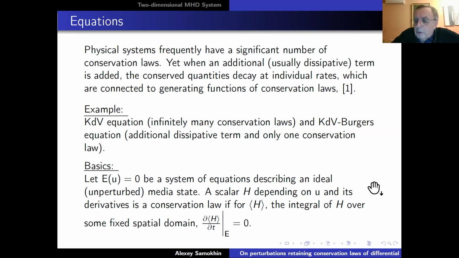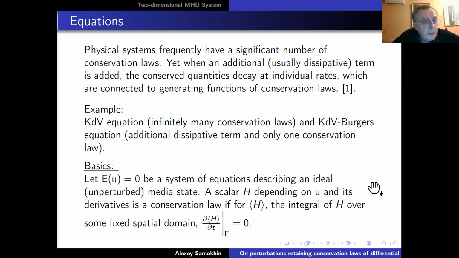true, because the ambient media where the processes develop vary in their characteristics both in time and in space. And this leads to coefficients which are not constant.